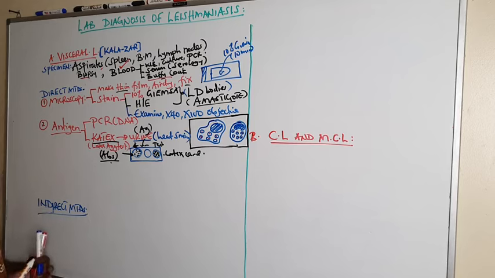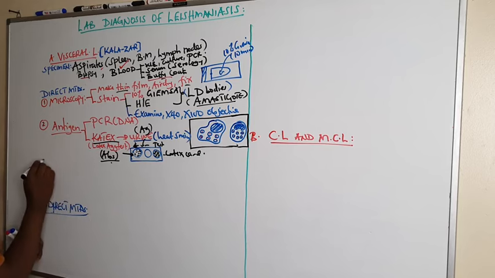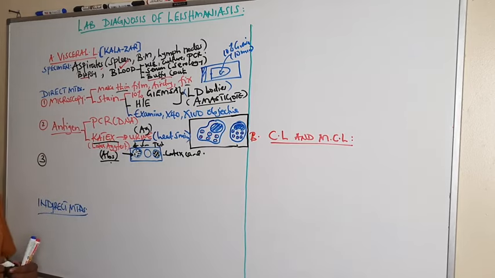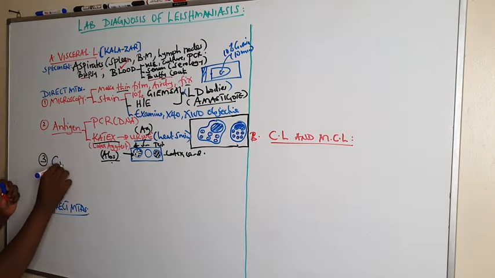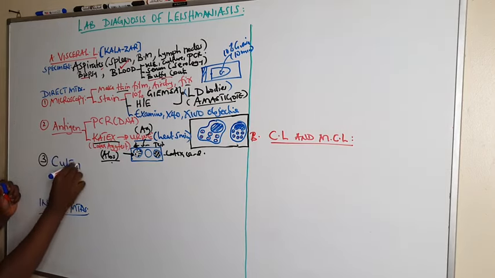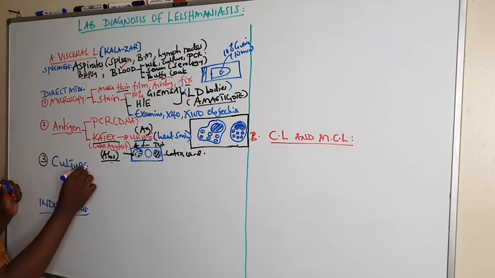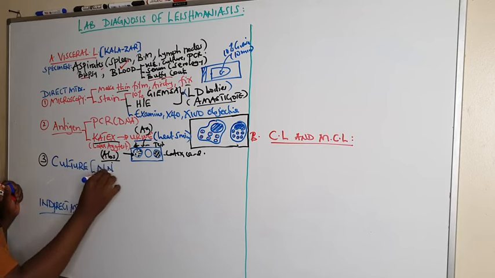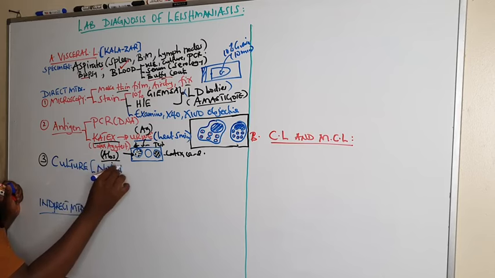Then another test we can do is culture. So under direct tests, the third one we can do is culture. The culture media which is preferred for Leishmania donovani is known as NNN media.